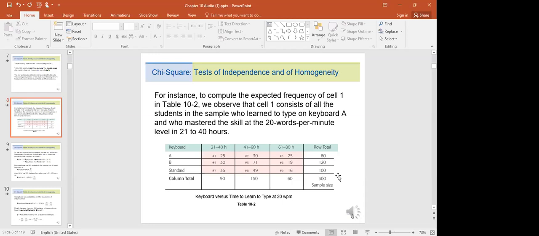So that cell is in a row. What's the total of that row? 150. That cell is in a column. What is the total of that column?